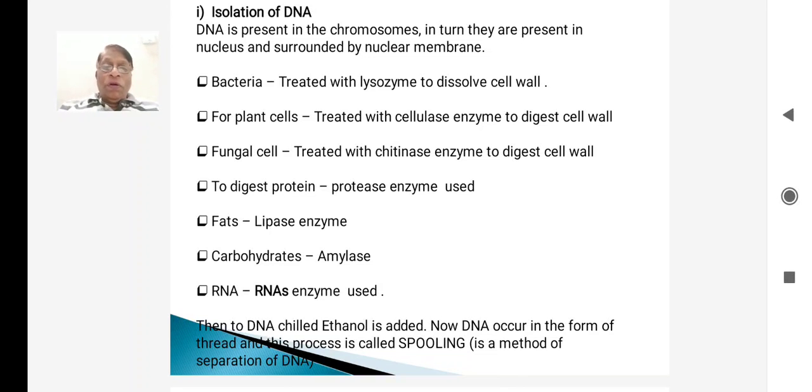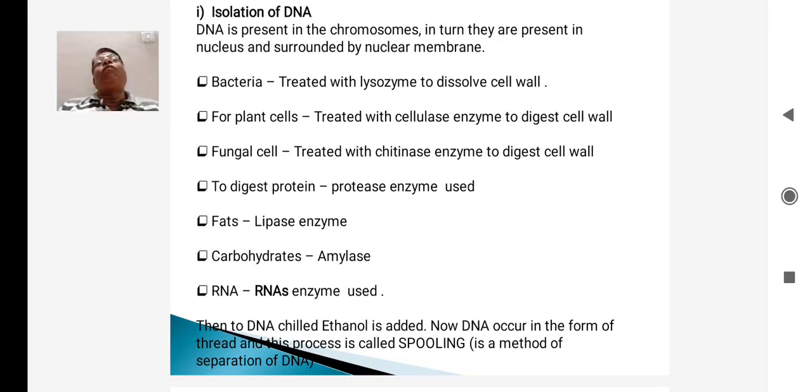Now the DNA is treated with chilled ethanol, or chilled ethanol is added. What happens? Now the DNA precipitates.